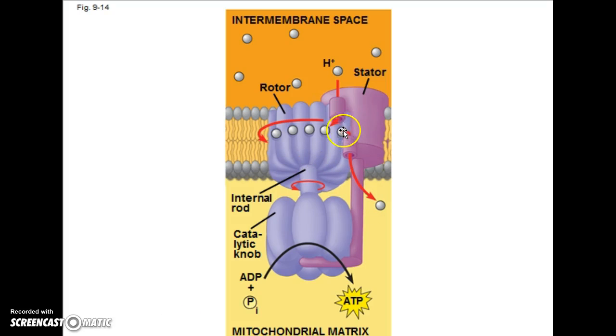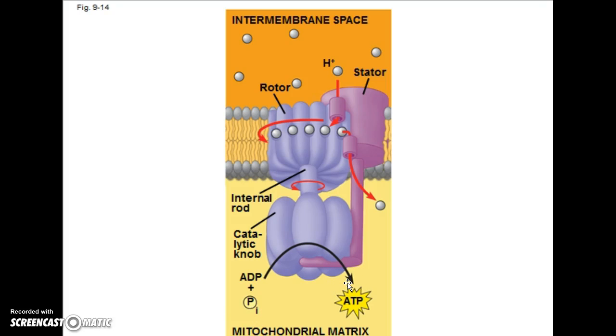So as this top part of the rotor is rotating around as a result of the energy from the hydrogen ions, the bottom part is rotating as well. And the bottom part of the rotor contains catalytic enzymes that allow ADP to be phosphorylated, becoming ATP.